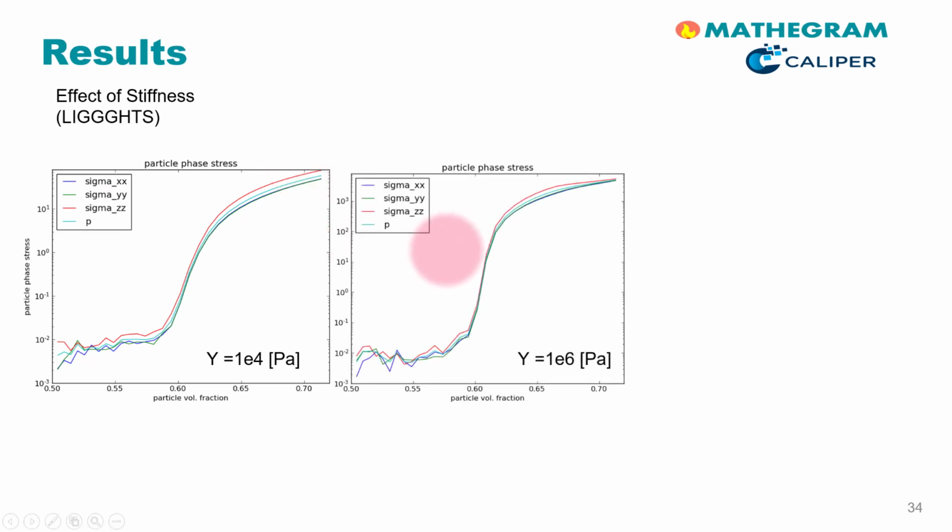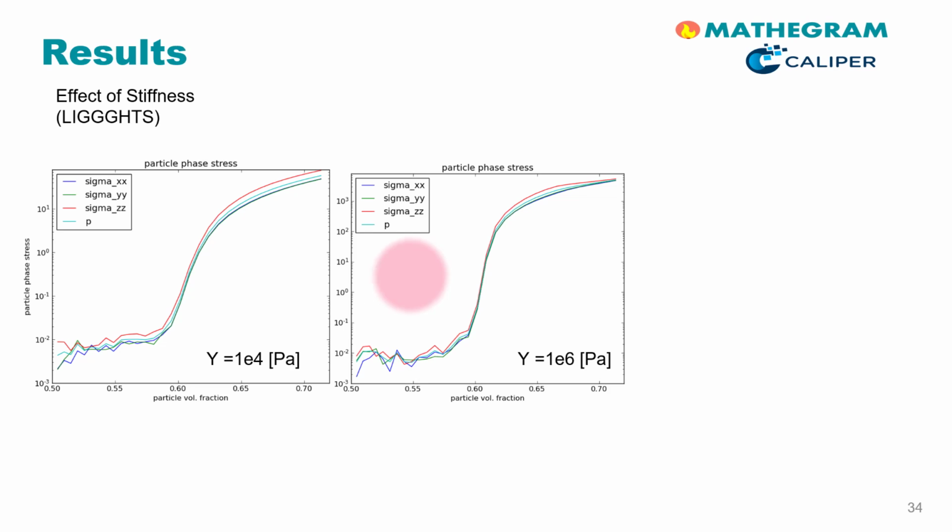In the center panel, there are results with a 100 times larger particle stiffness, i.e. the Young's modulus was chosen as 10 to the power of 6, so 1 megapascal. As can be seen, the stresses plateau at a stress that is approximately 100 times larger, but the shape of the curve is quite similar.